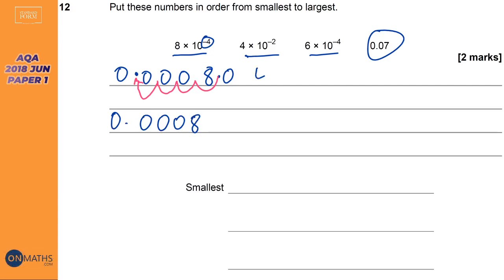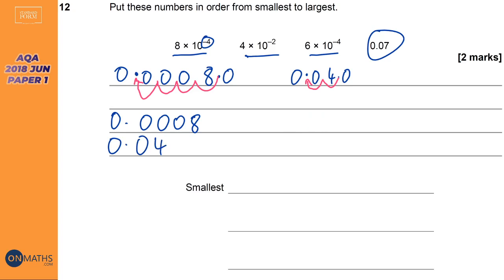Do the same with the others, so 4.0, and again 1, 2 jumps to the left. Decimal point there, 0 for every jump and a 0 at the start. So that would be 0.04. In fact, it might help us to put that underneath the one that we've already done so that we can figure out which one's the smallest.